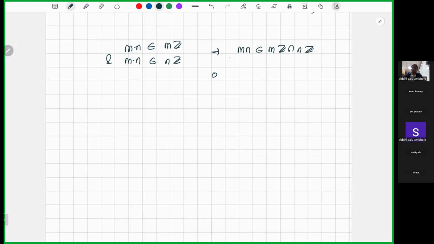And since m, n are non-zero, this m into n is non-zero. This implies mn is non-zero and belongs to mZ intersection nZ. I hope this much is clear.